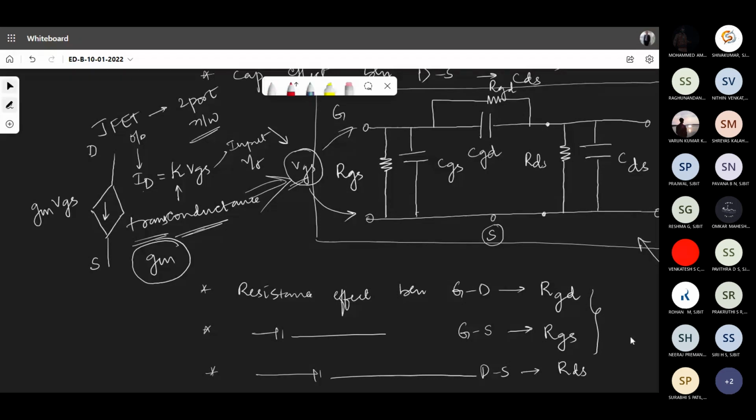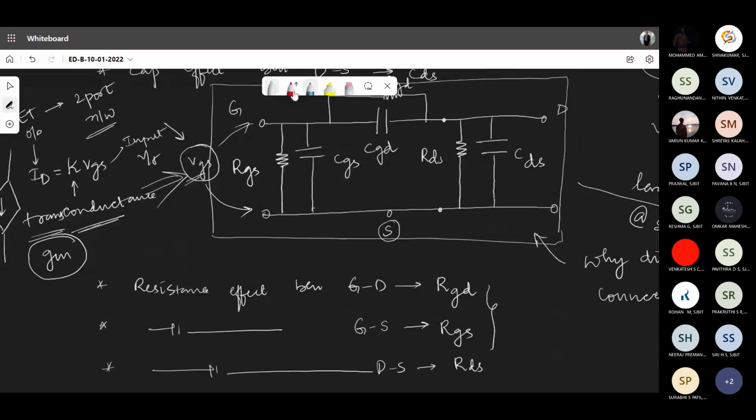So one last thing that I have to add is a current source which exists between the drain as well as source, alongside RDS. This is what is the ID current. Remember, I'm using a small subscript here, ID. Do not get confused.